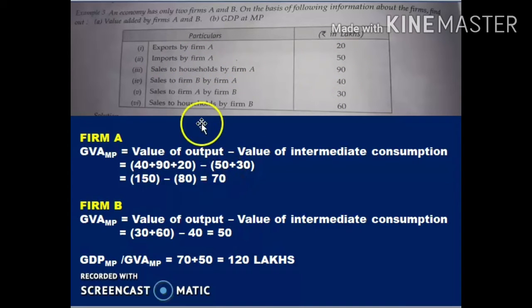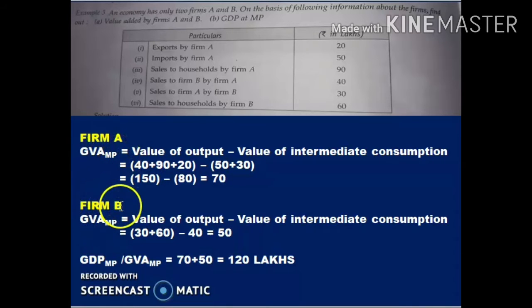Next, sales to firm A by firm B. So it's a purchase of firm A, so again 30 will come here. Adding 50 plus 30 you get 80. Subtracting that from 150 you get 70. So that is GVA MP.